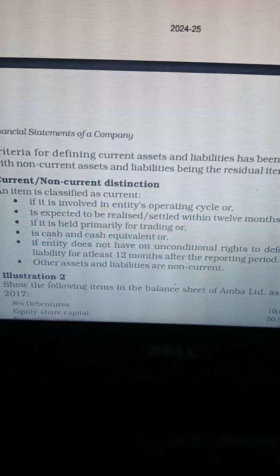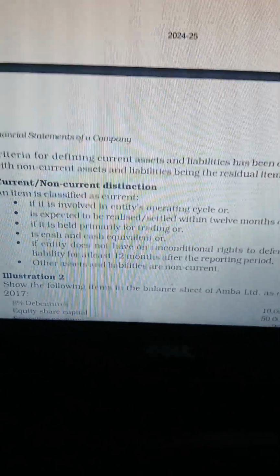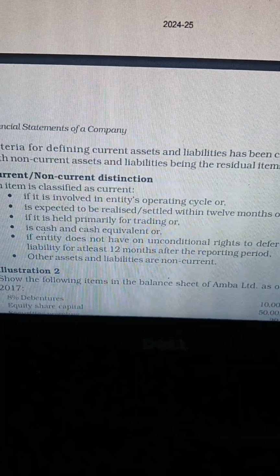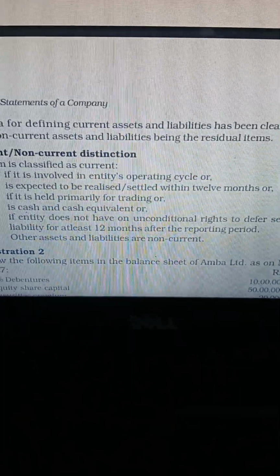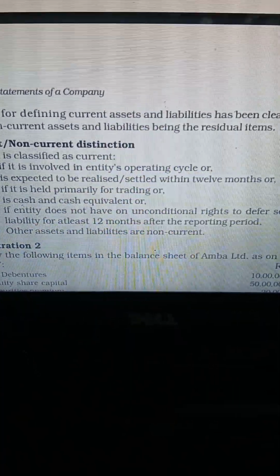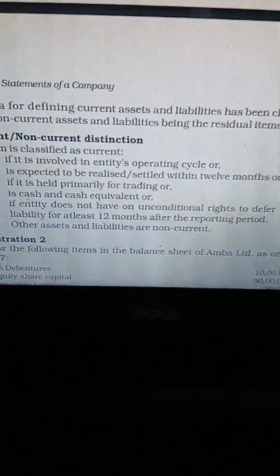So in this section, we are going to deal with the balance sheet, including the adjustments regarding current assets, current or non-current distinction.